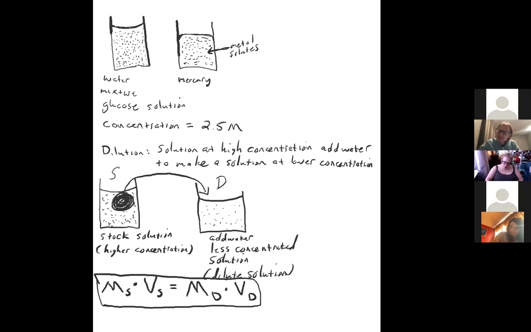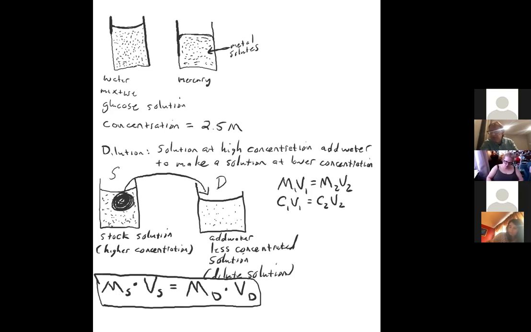And your textbook uses some different notation than this one. I will show you a couple of different notations. Sometimes it's written as M1V1 equals M2V2. This is probably the most common way that it's represented. Another way would be C1V1 equals C2V2, where C refers to concentration instead of molarity.